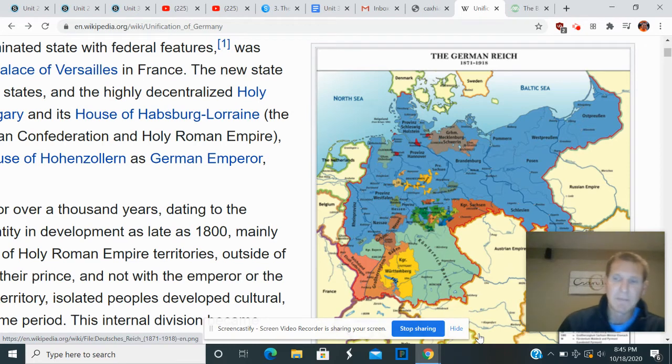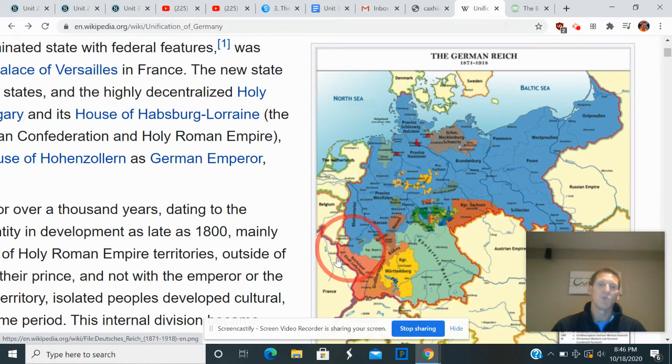But anyway, what you need to get is that by 1870, Germany is able to be united under Prussian rule, under Otto von Bismarck's rule. And one of the things they do is they turn their attention to France. And there's this area right down here, right on the border of these two territories, where a lot of people are German speaking, and it's called the Alsace-Lorraine.